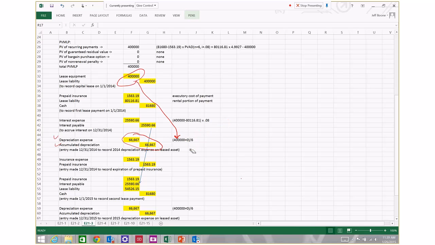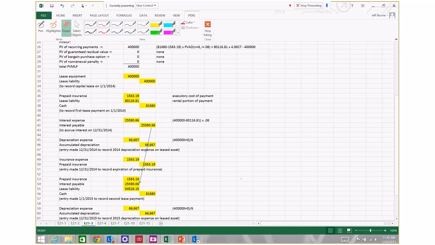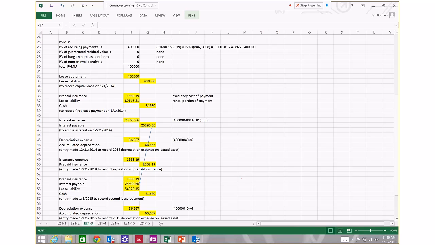Okay, clear out a little space here. Now finally, the last thing that we need to do on December 31st, 2014 is we need to write off the prepaid insurance that we set up here at the beginning of the year when we made our first lease payment. That prepaid insurance bought us insurance coverage for a 12-month period of time.